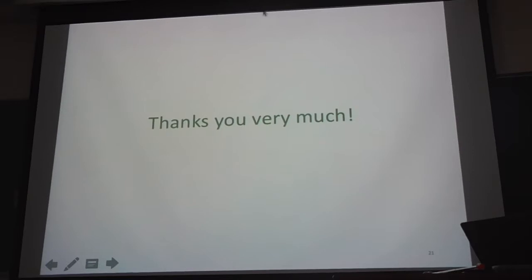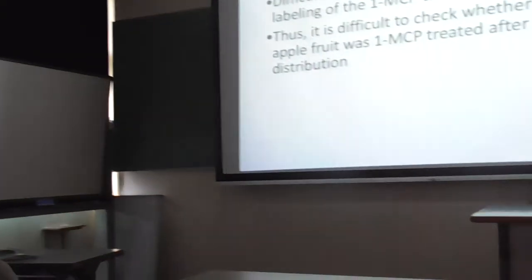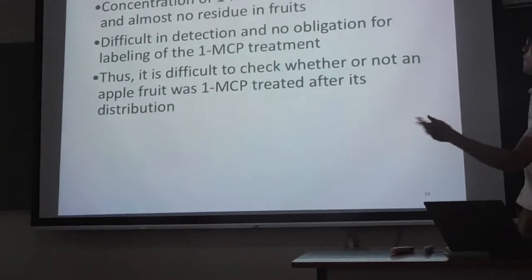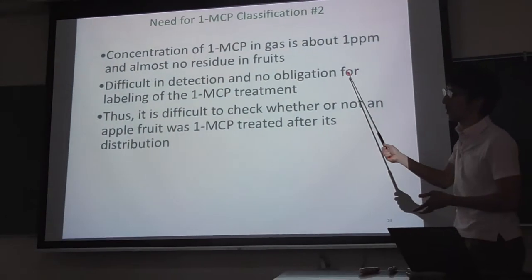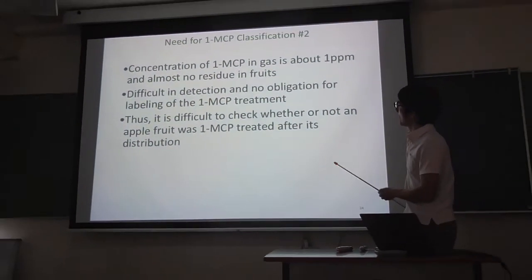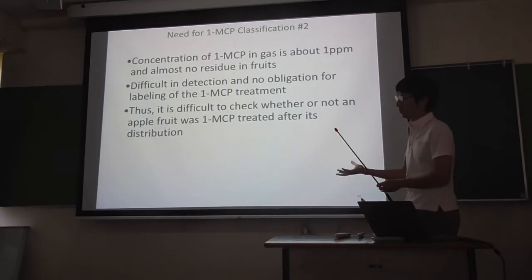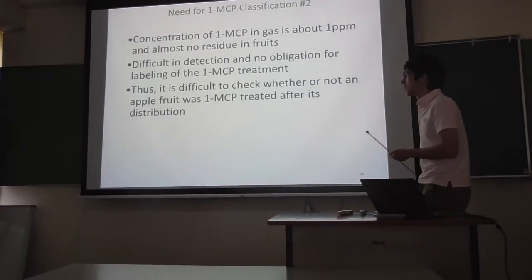Can I ask you something? In the apple, are you measuring 1-MCP? Is that not fluorescent? No. We are not measuring 1-MCP, because 1-MCP treatment is done with very low density, and of course it is a gas, so it is cold.